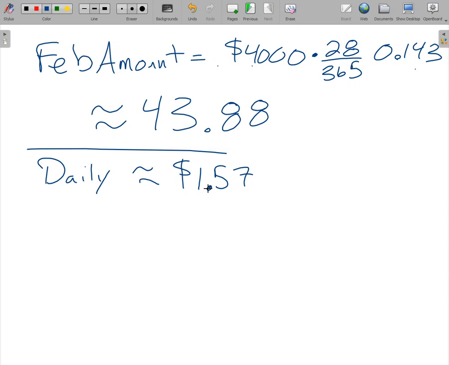If that's my average daily amount that I owe, how many days went by in February? 28. Okay, so I should be able to take that times 28, and that should be a way to get the answer too. Let's see what that looks like.